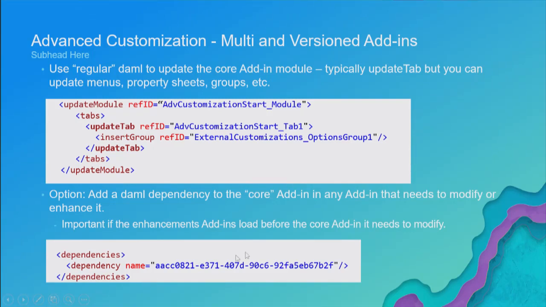And then in that case, the load order really will be irrelevant. I would just say, as a matter of course, you could always add that dependency tag. Then you never have to worry about load order. Okay? It just makes load order irrelevant.